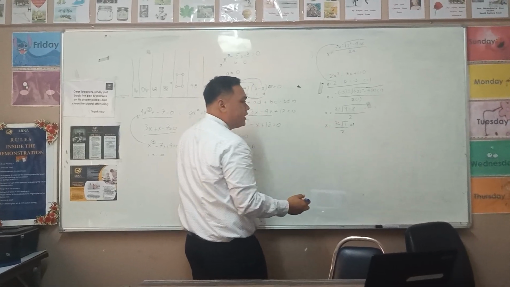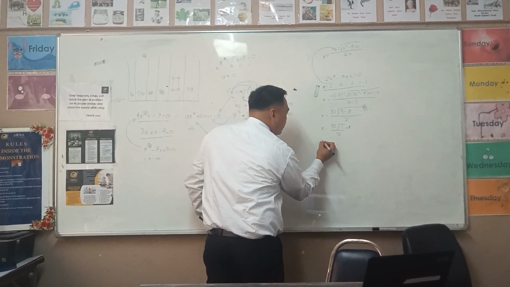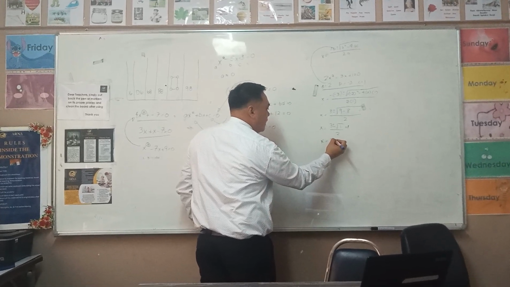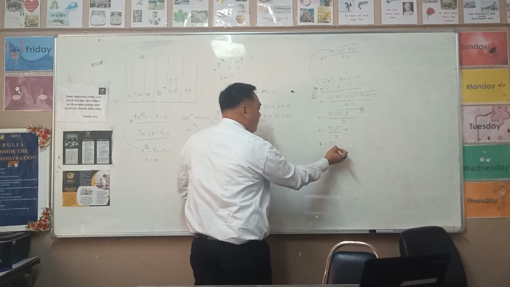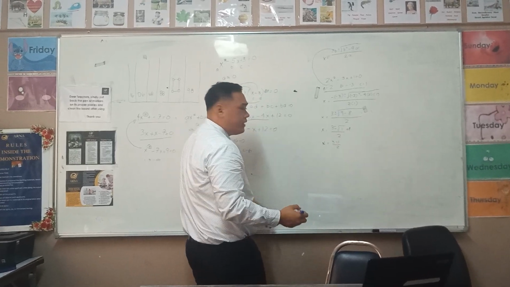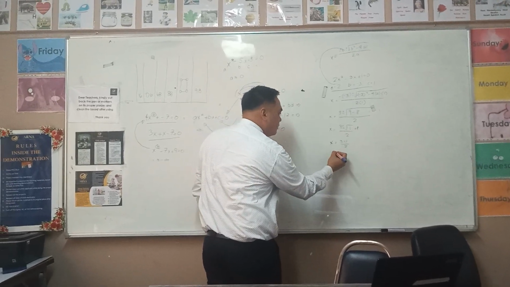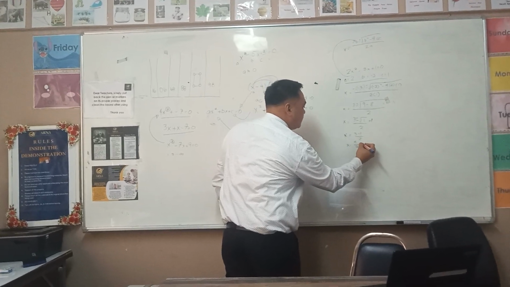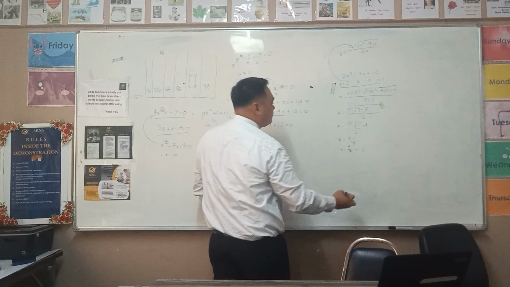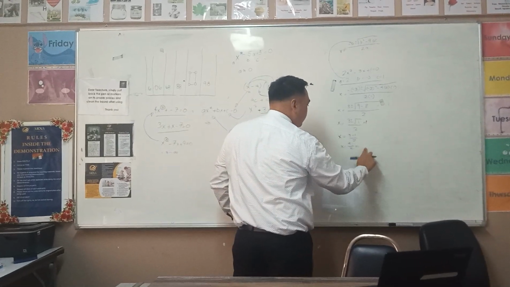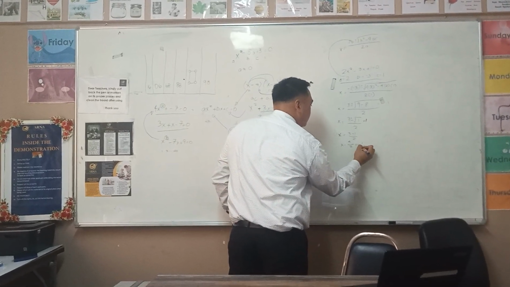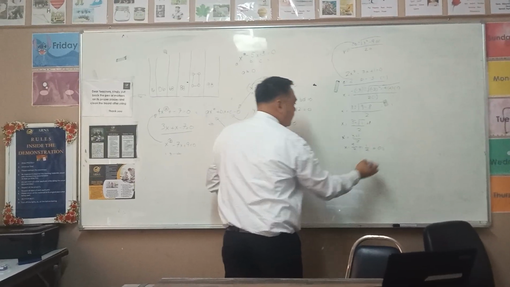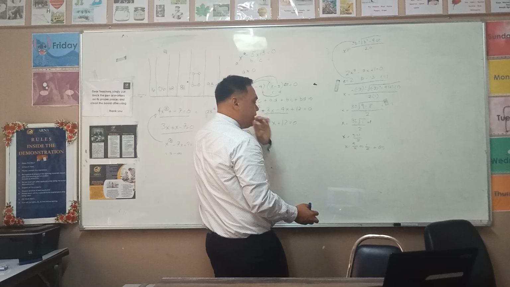First, we will solve for the positive side. Solving that, x is equal to 3 plus 1 over 2. Your answer for the positive side is equal to 4 over 2, which is simply 2. Oh, 1 half, sorry, or 0.5. Next, how do we solve the negative sign?